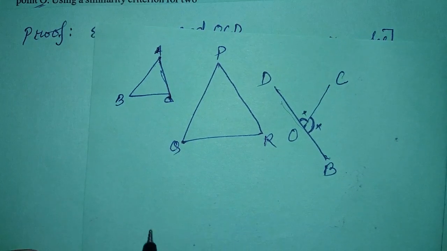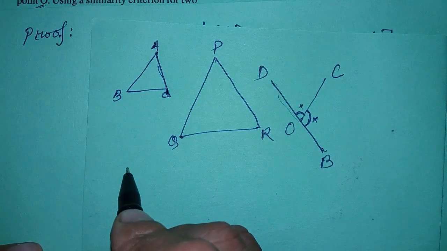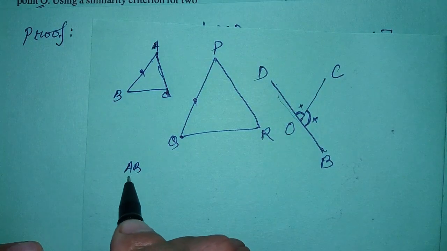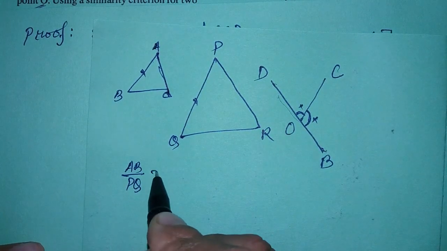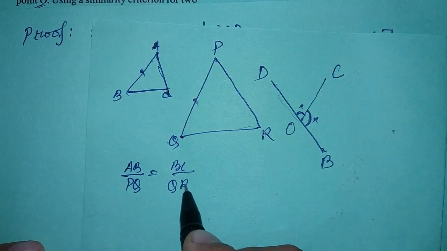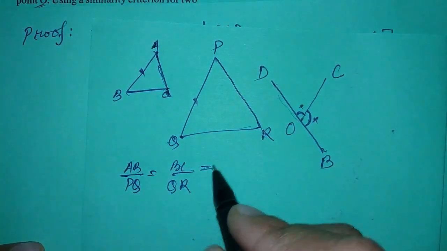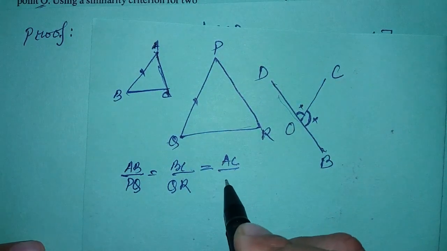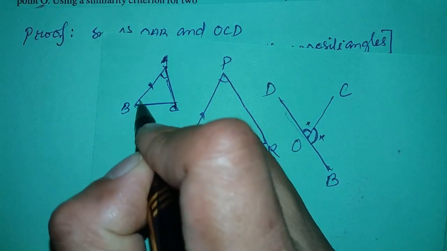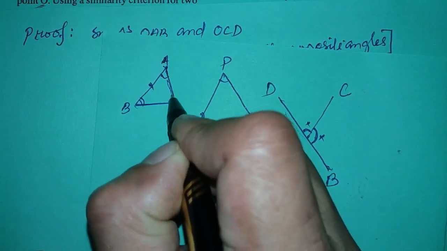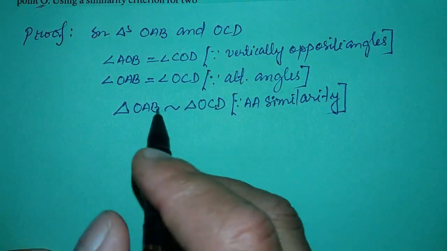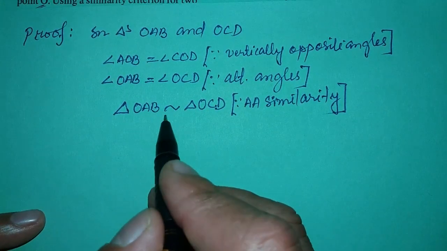That is the first point. And the second point is the corresponding sides will be proportional. That is, if these are corresponding sides, then AB by PQ is equal to BC by QR is equal to AC by PR. Since these two triangles are similar, we can say that the corresponding sides are proportional.